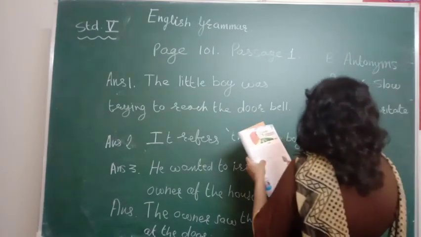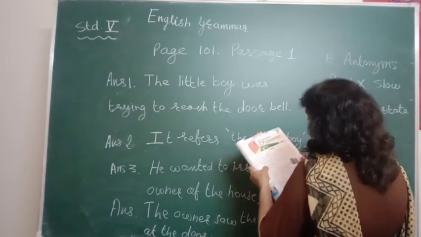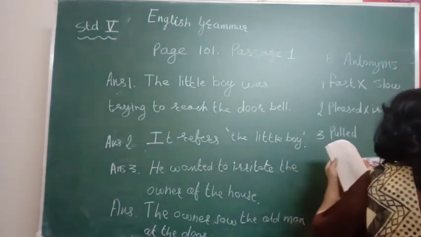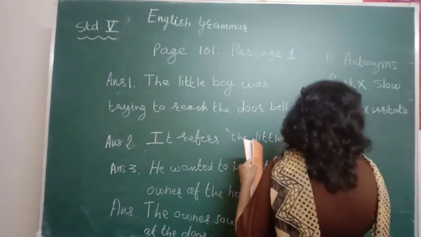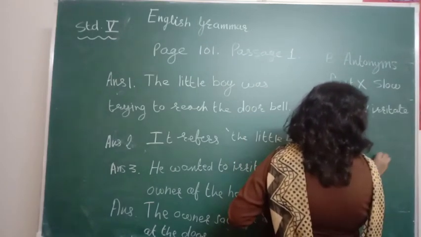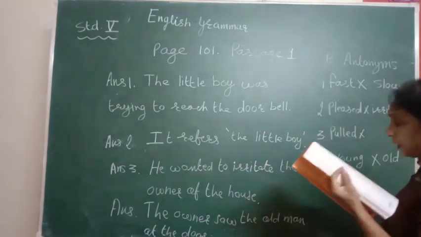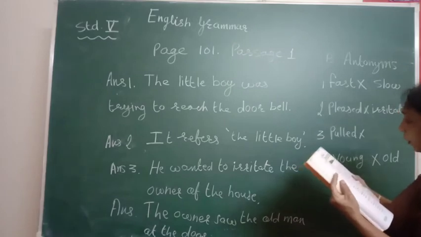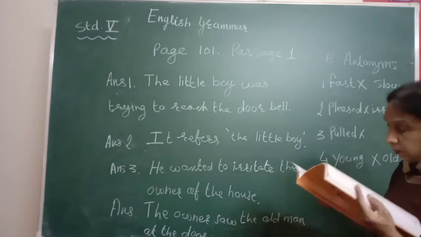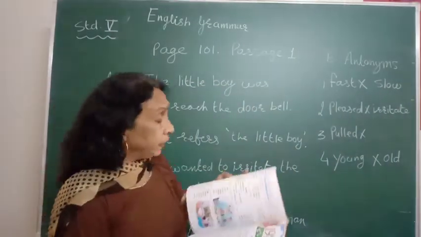Then pulled, then he pushed, pulled and young. What is the opposite of young? Opposite of young is old, and pleased, I think it might be irritate or angry.